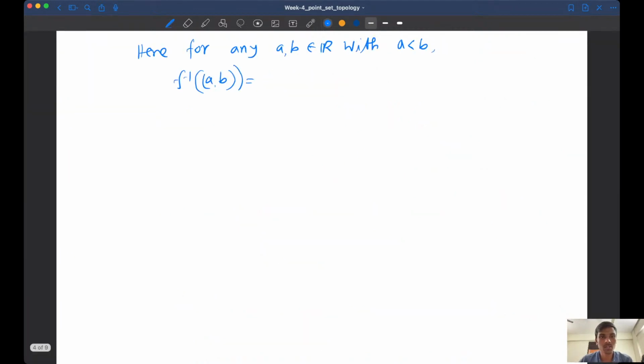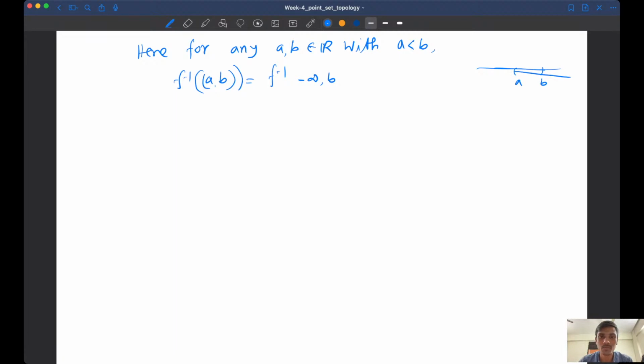Namely I can write this as f inverse of (minus infinity, b) and (a, infinity). So this is my (a, b): I'm considering this and then this, so their intersection will be exactly (a, b).